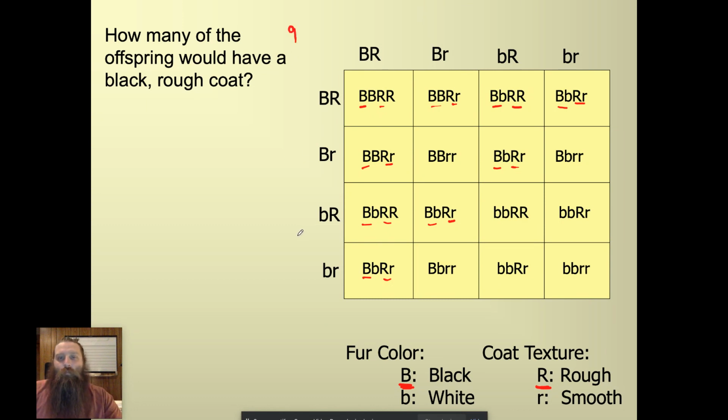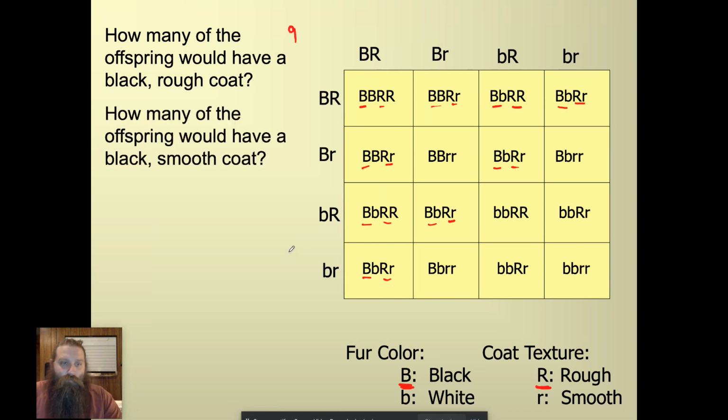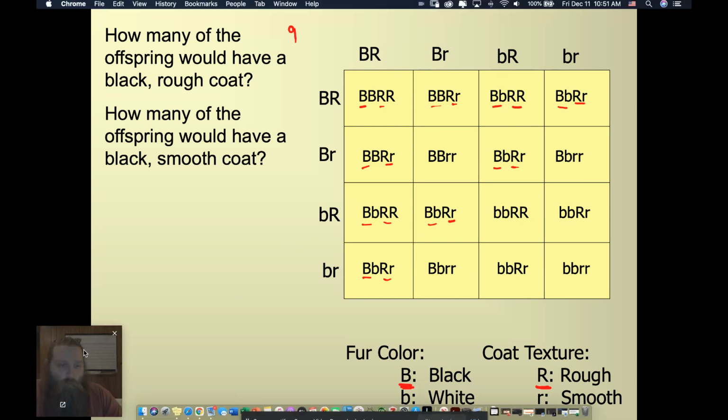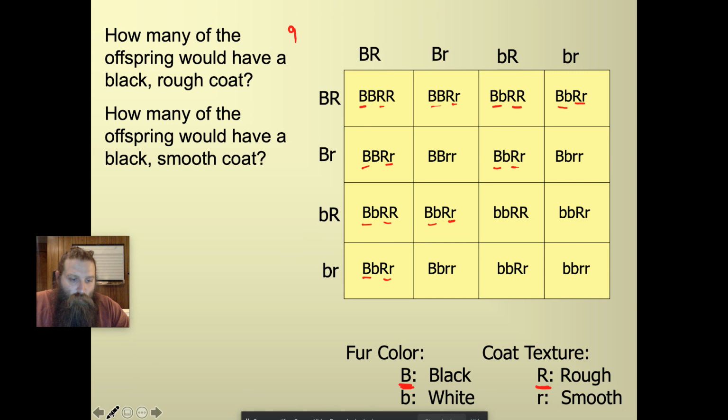All right. So the next question: how many offspring have black and smooth coat? Okay. Well, let me move my face out of the way here. Grab my eraser. Let me get rid of these.